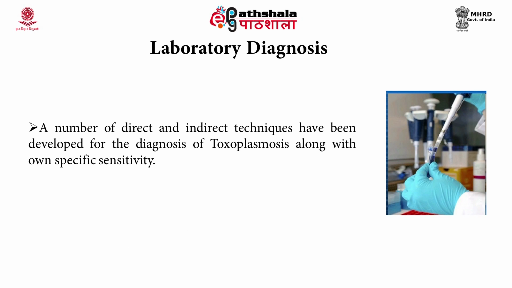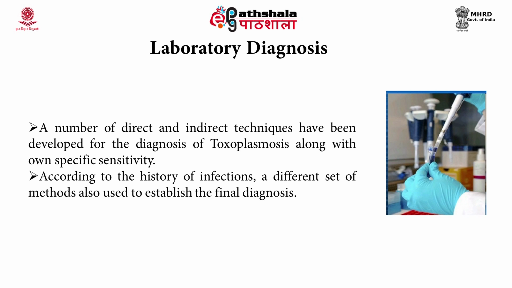This disease can be exactly diagnosed by different diagnostic methods, because a number of direct and indirect techniques have been developed for the diagnosis of toxoplasmosis, each with a specific sensitivity. According to the history of the infection, a different set of methods is also used to establish the final diagnosis.